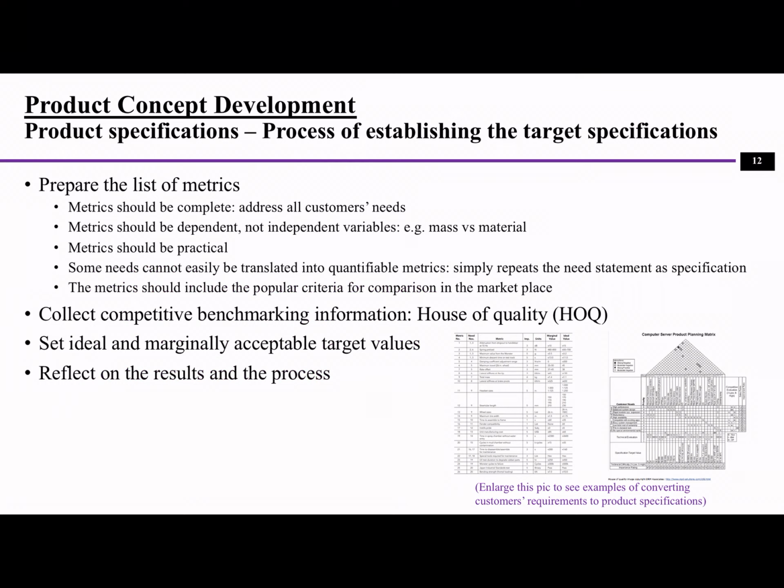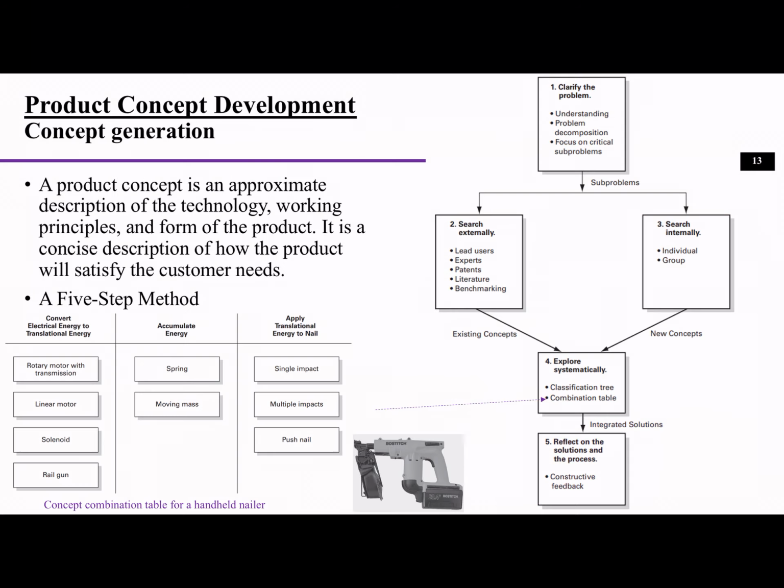And then you can see how the metrics or the specifications match or meet the customer requirements. So this is the house of quality. And you can see examples of the house of quality and another table in the 2 pictures. You have to enlarge the pictures to see all these examples.